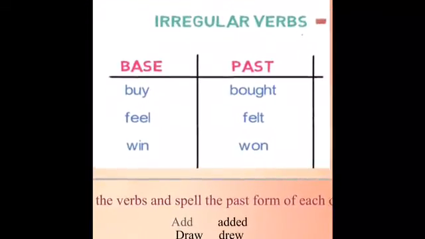Here we have another example for irregular verbs. In the base form we have buy, feel, and win. So how would it be in past? Bought, felt, and won. Okay, so these are some other verbs for you to identify.